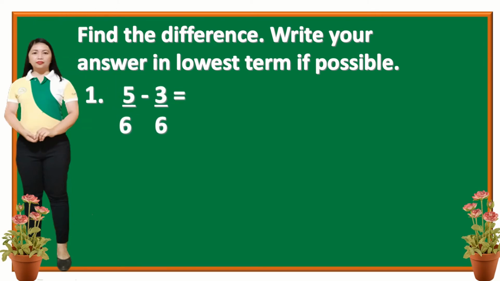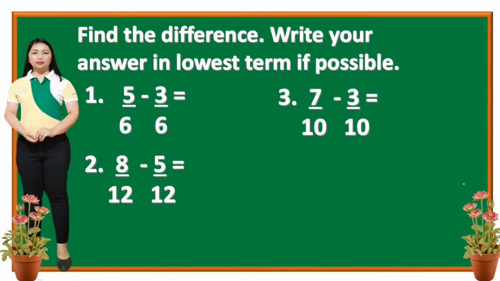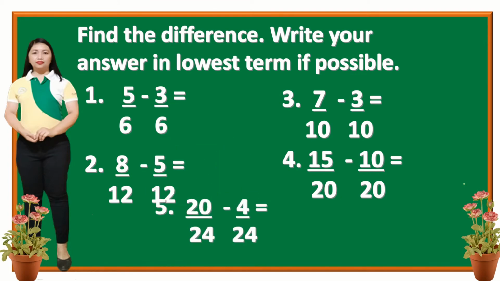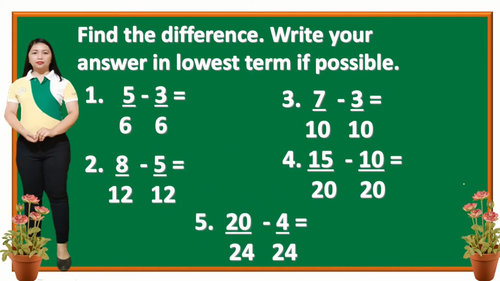For number 1, that would be 5/6 minus 3 over 6. For number 2, 8 over 12 minus 5 over 12. For number 3, 7 over 10 minus 3 over 10. Number 4 is 15 over 20 minus 10 over 20. And for number 5, 20 over 24 minus 4 over 24.